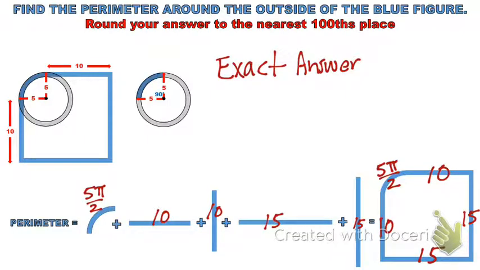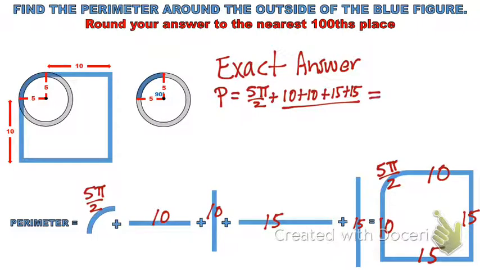And so the perimeter, the exact answer would be 5 pi over 2 plus 10 plus 10 plus 15 plus 15. And we can add all of these numbers together because those are just regular whole numbers. And when you add those together, they add up to 50. So our exact answer is 5 pi over 2 plus 50.